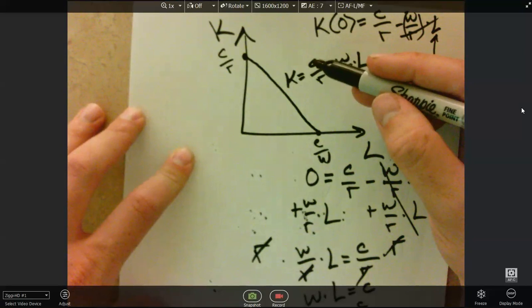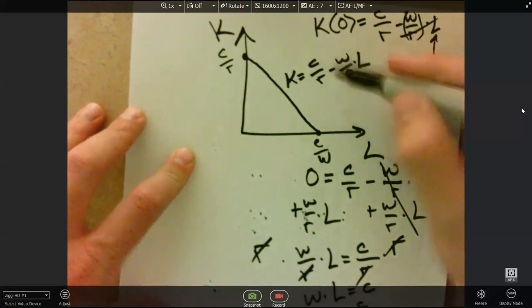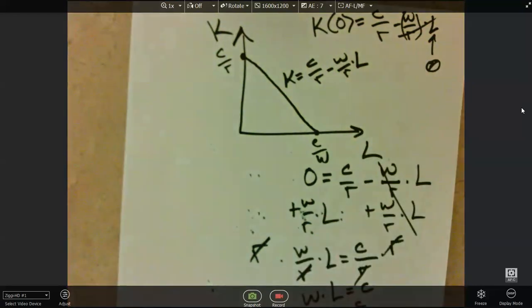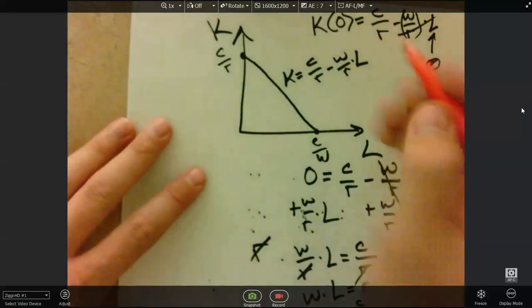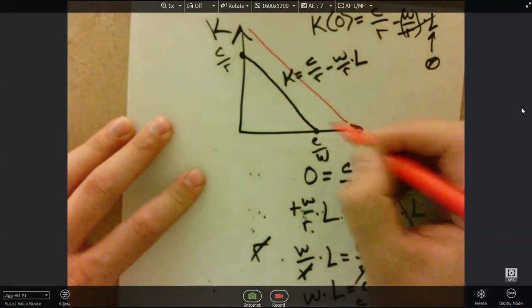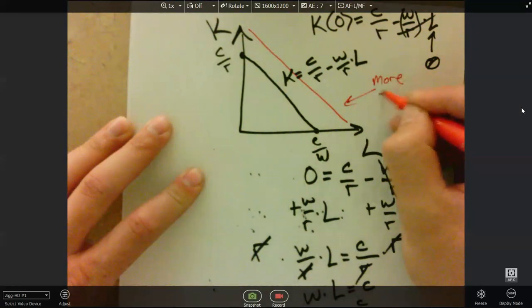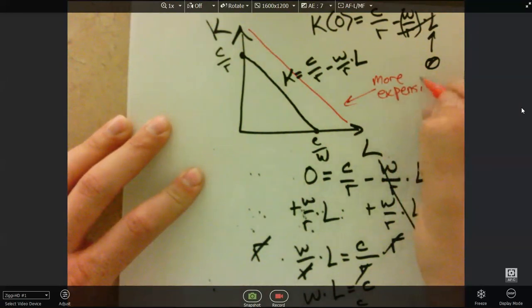And the C is always constant. So it's just a straight line with a slope of negative W over R, right? So, like I said before, if we have a line that's to the right, that means it's going to be more expensive.